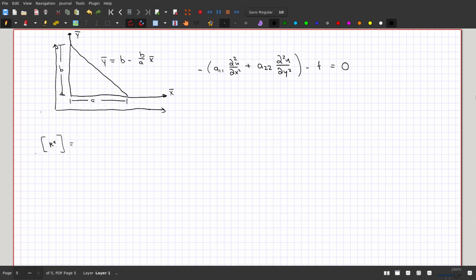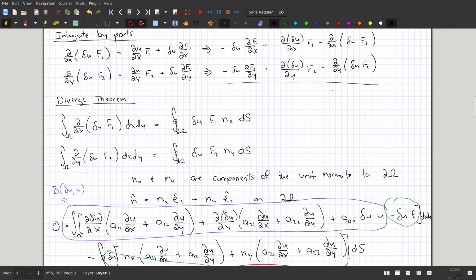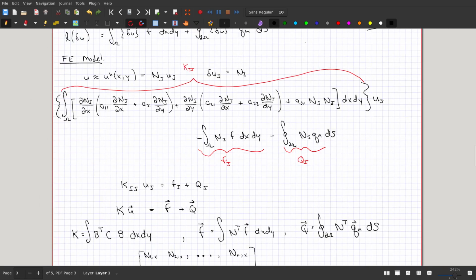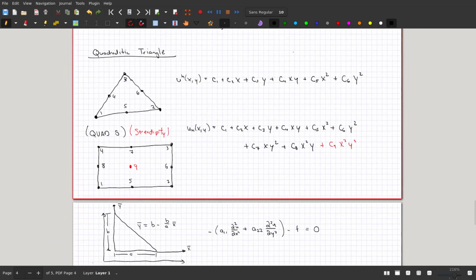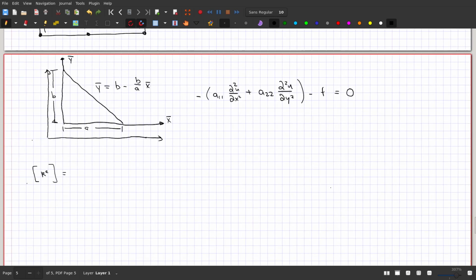For what I'm about to write down, we're going to let A11 equal A22 equal KE.